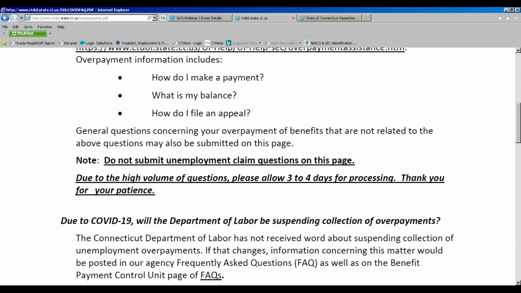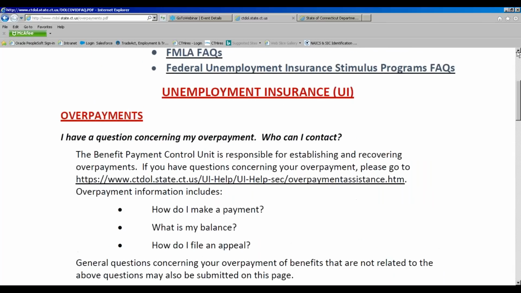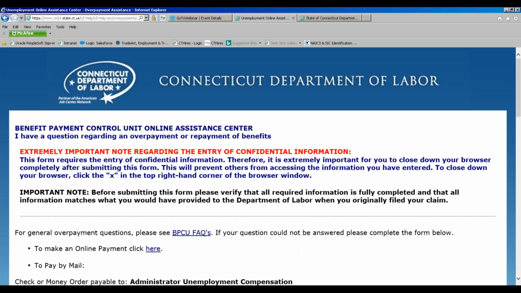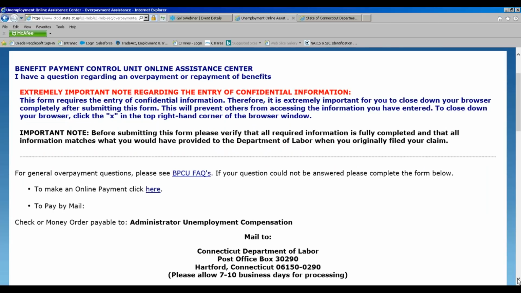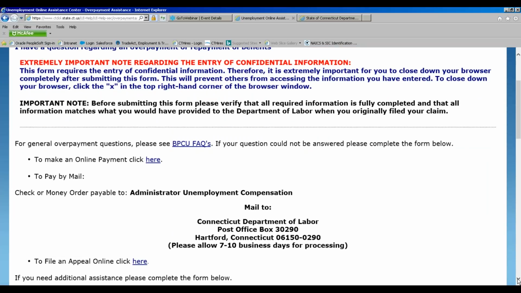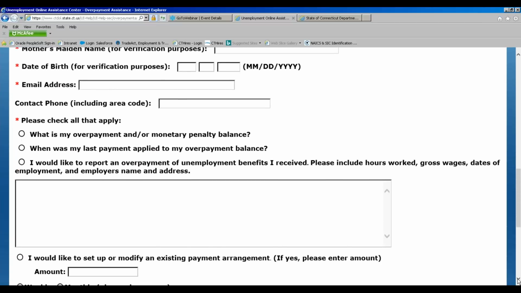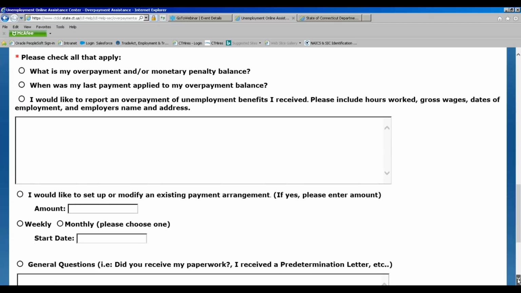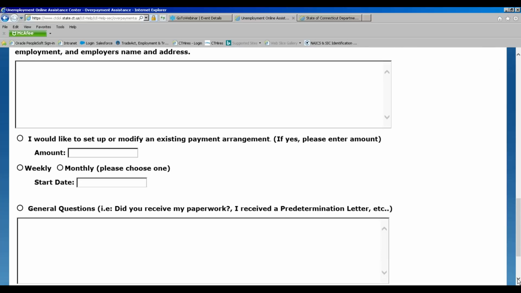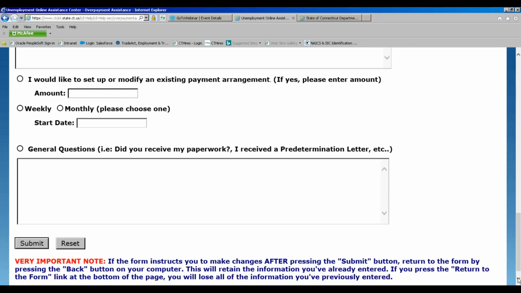Right up top, Sue, go up a little bit. There's a link that will take you to overpayment assistance, and if you scroll down just a little bit, Sue, there are check boxes as well as a text box that allows you to explain the situation that you're in. Please review the page and see what applies to you.